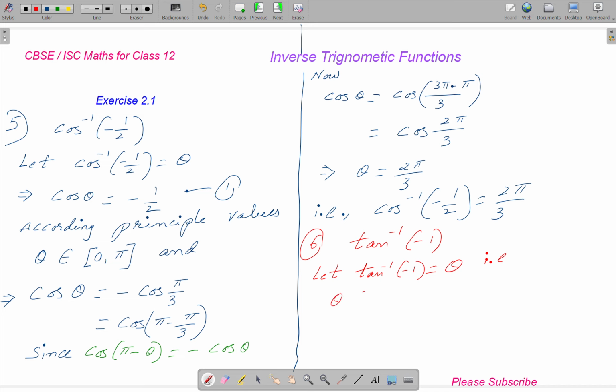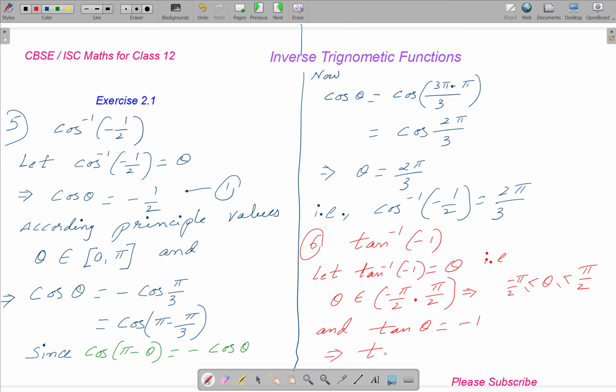That is, theta is an element of the open interval minus pi by 2 to pi by 2, that implies minus pi by 2 is less than or equal to theta is less than or equal to pi by 2, and tan theta is equal to minus 1.